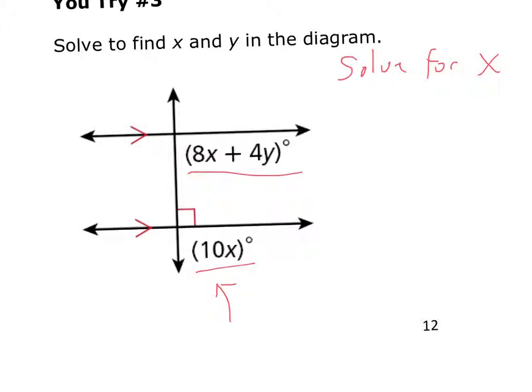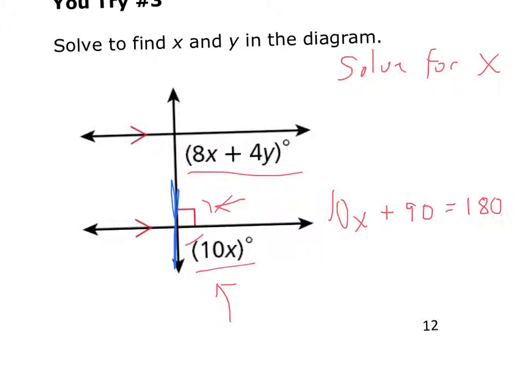Well, what do we know about linear pair angles? We have an angle here, and we have an angle here, and we know that that forms a linear pair that adds up to 180 degrees. So what do we know? We know that 10x plus this 90-degree angle would equal 180 degrees. And this flat line would add up to 180 degrees, so that's why.